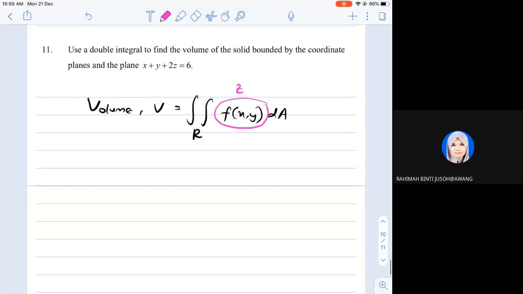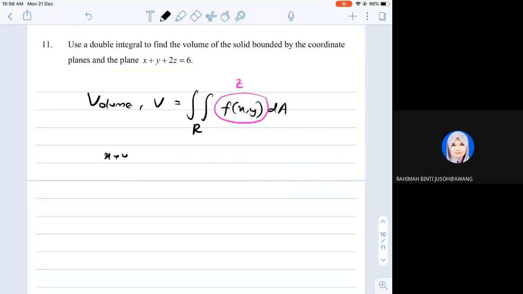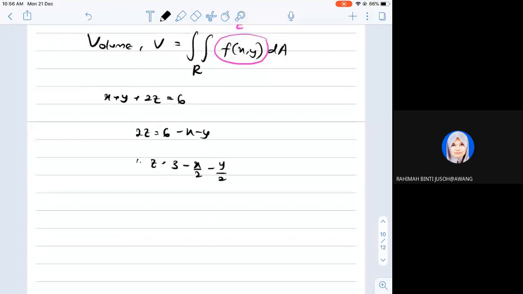So in this case, we have x plus y plus 2z equals 6. Therefore, 2z equals 6 minus x minus y. Therefore, z equals, dividing everything by 2, 3 minus x over 2 minus y over 2. Okay, so that is your z.